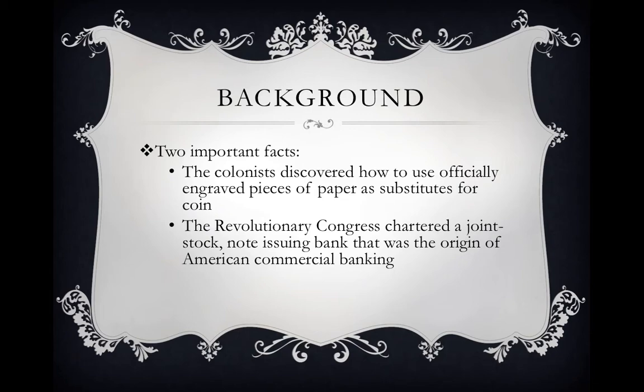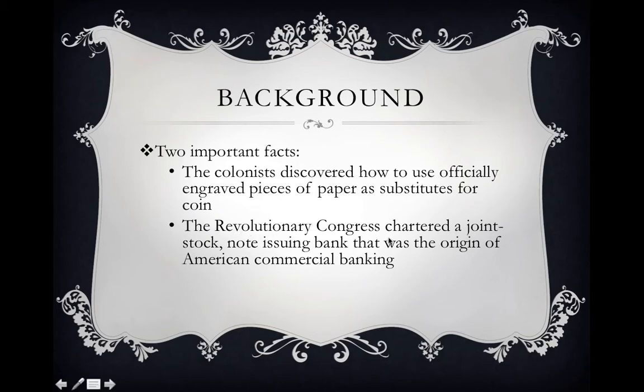The government dictates that this is legal tender and you have to accept that. So they realized that in order to augment quote unquote money, or to deal with the shortage of specie, they could issue pieces of paper that would be substitutes for money.